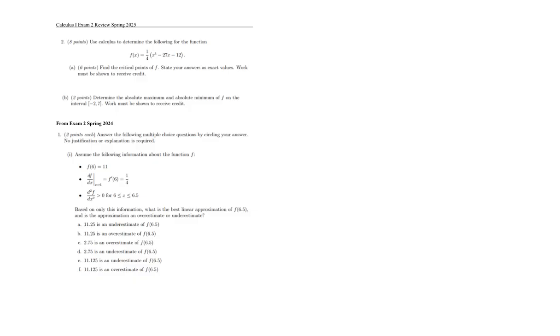Okay, so the next one says, use calculus to determine the following. Find the critical points of f. State your answers in exact values. So what I need to do first is find the derivative, f prime of x. The 1/4 is just going to stay put there. Then I'll have 3x squared minus 27.